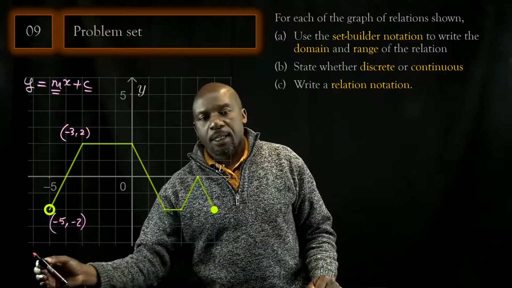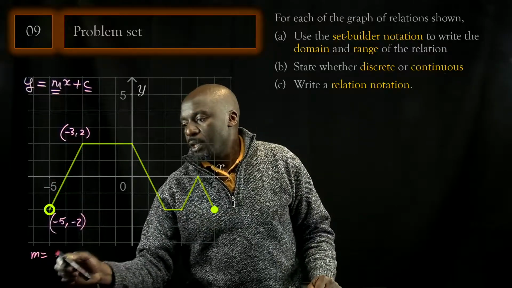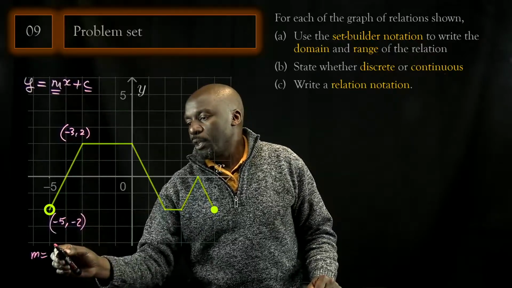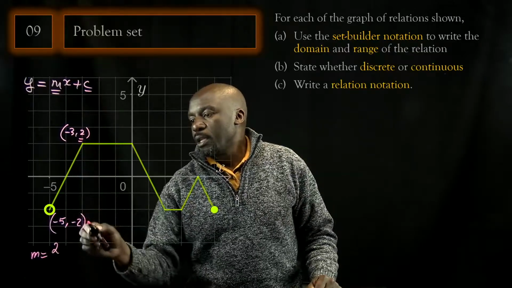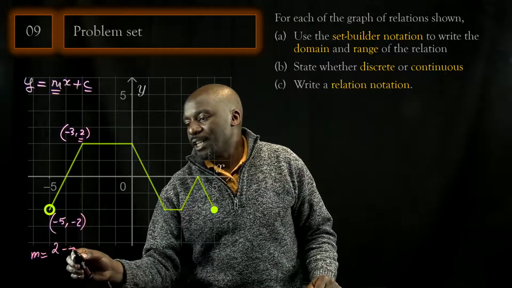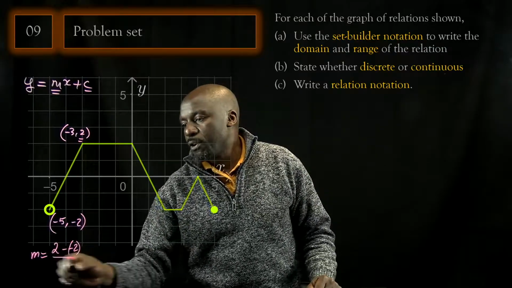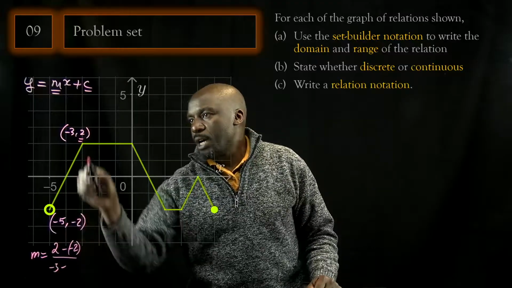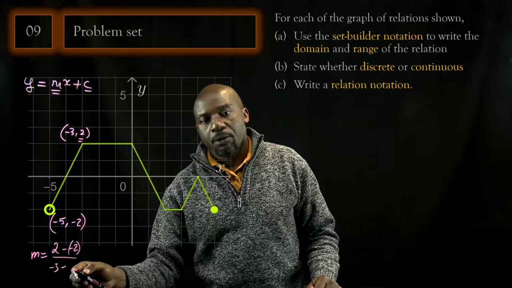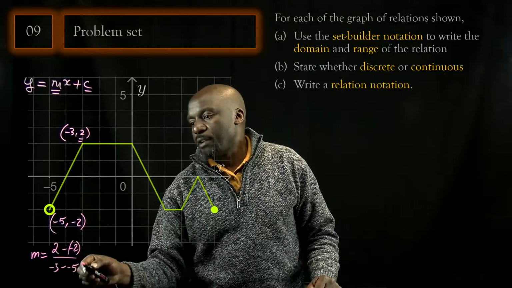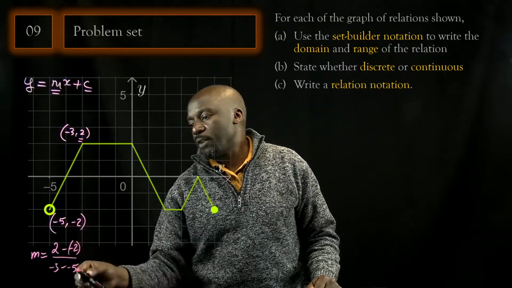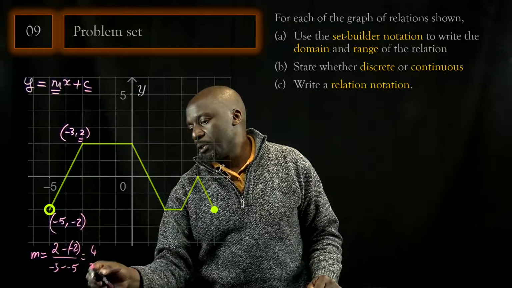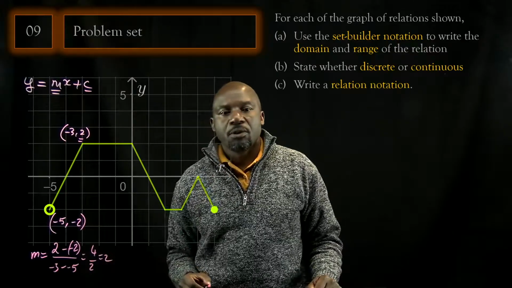The gradient m is y2 minus y1, so y2 is 2, minus -2, that is 4, over x2 minus x1, which is -3 minus -5, so 4 over 2, which is 2. So the gradient is 2.